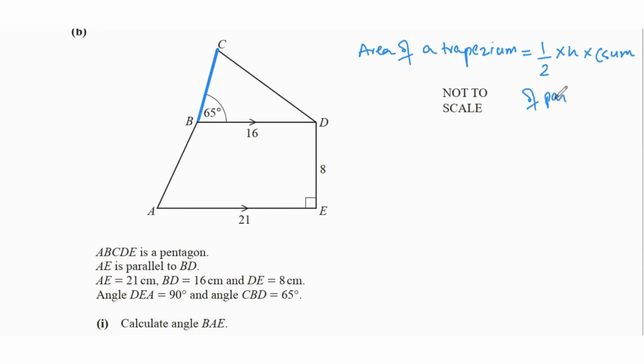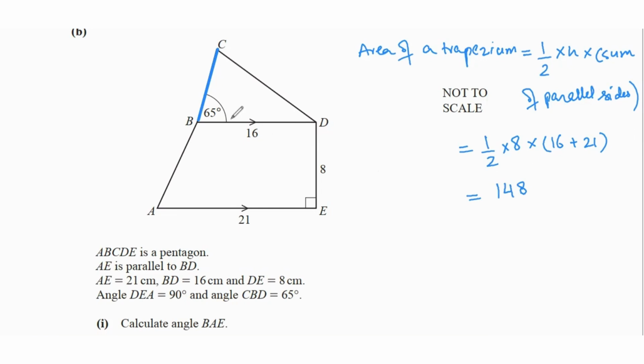So parallel sides over here are 16 and 21, and the height is 8. So 1 over 2 times 8 times 16 plus 21, which is going to give us 148.